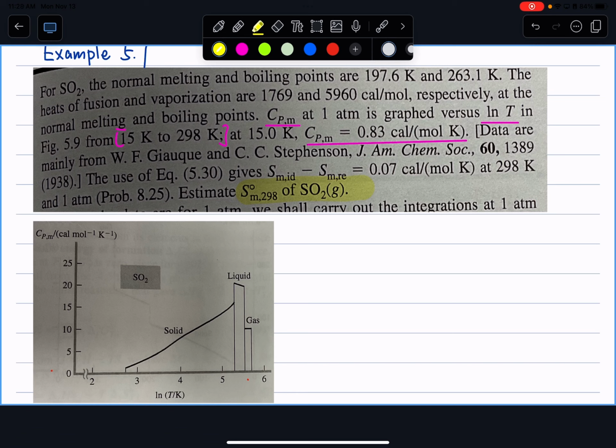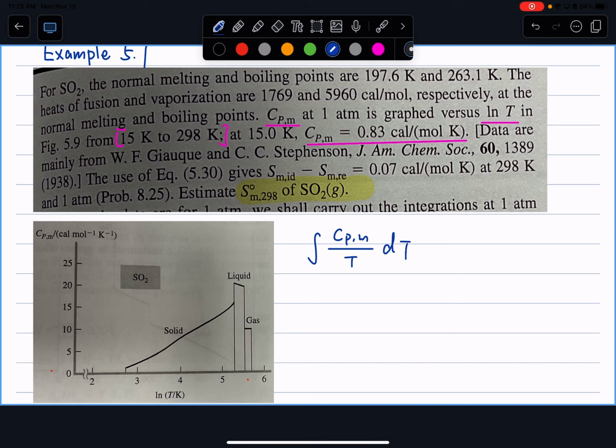So how do we set up this calculation? Take a picture here and let's do it stepwise, one step at a time. A few things we want to know before we jump in and solve the problem. For example, we need a way to evaluate this integral, Cp, the molar heat capacity, over T dT, right?